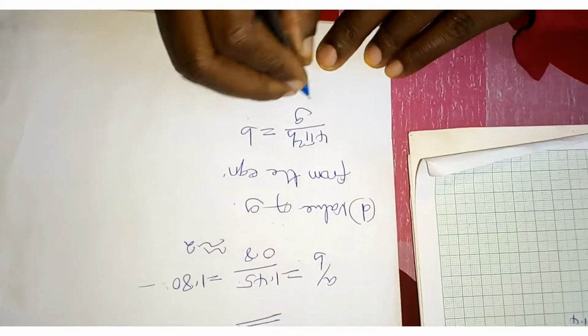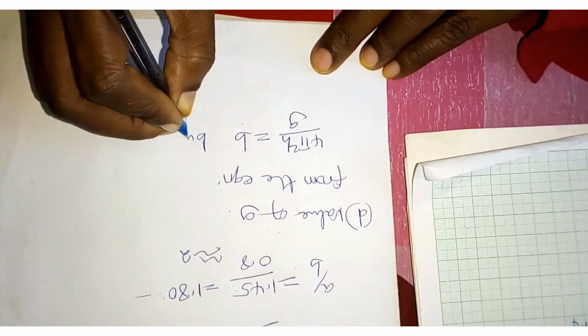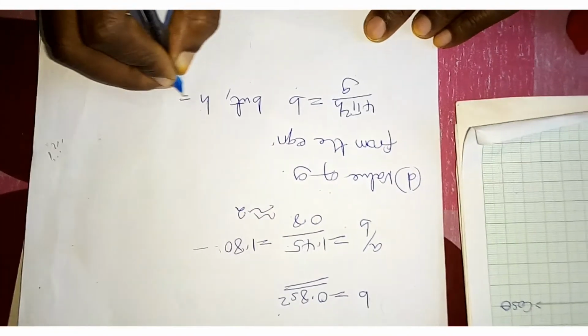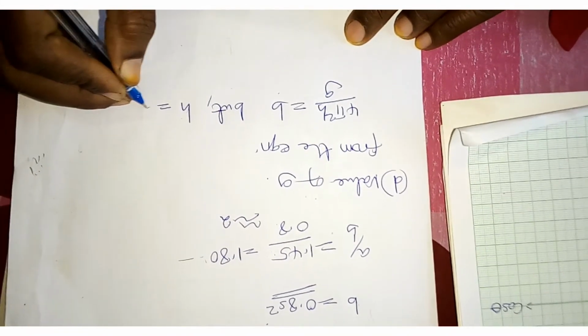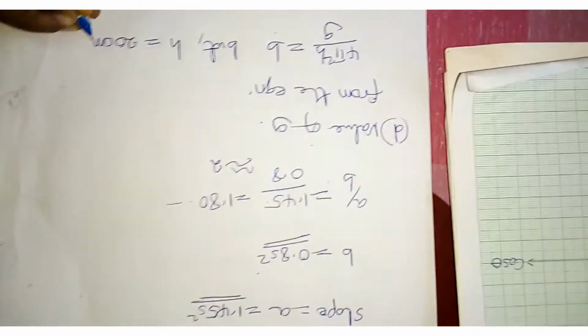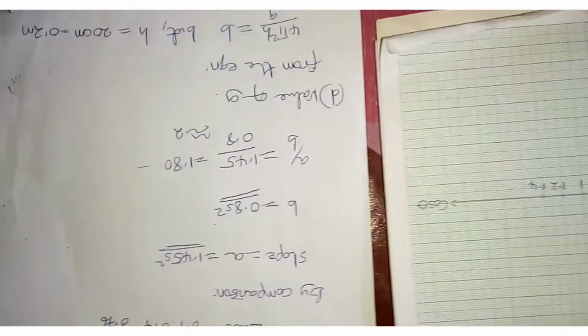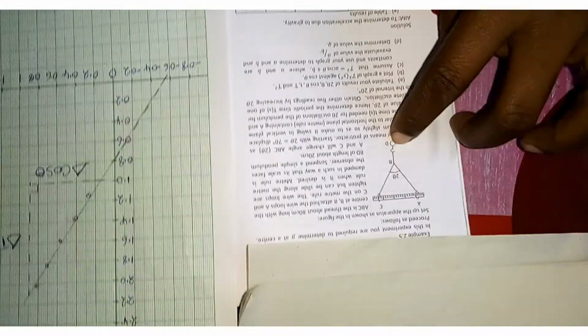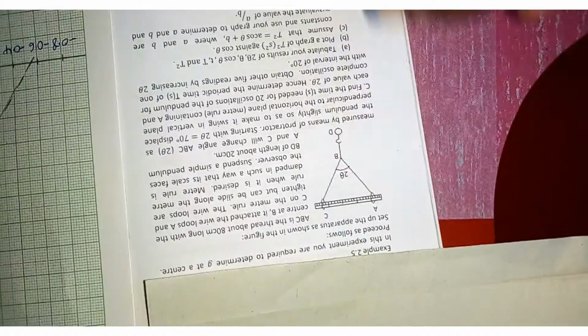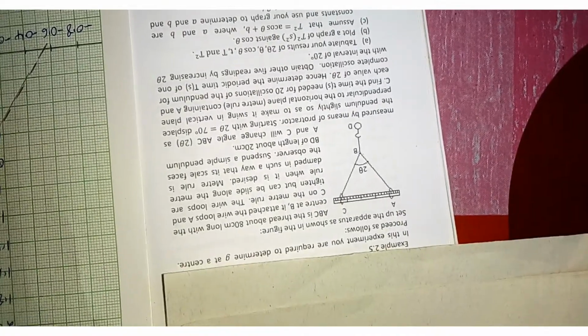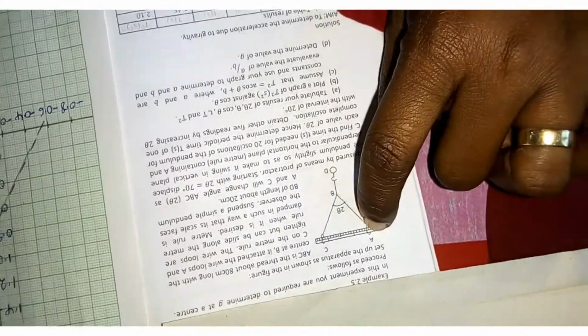So b we have 0.8, but h, this is the distance we have been given as 20 centimeter, which is equal to 0.2 meters. The distance here from the center of the bulb to this point is 0.2 meters, whereby the distance from this point to this point is y.